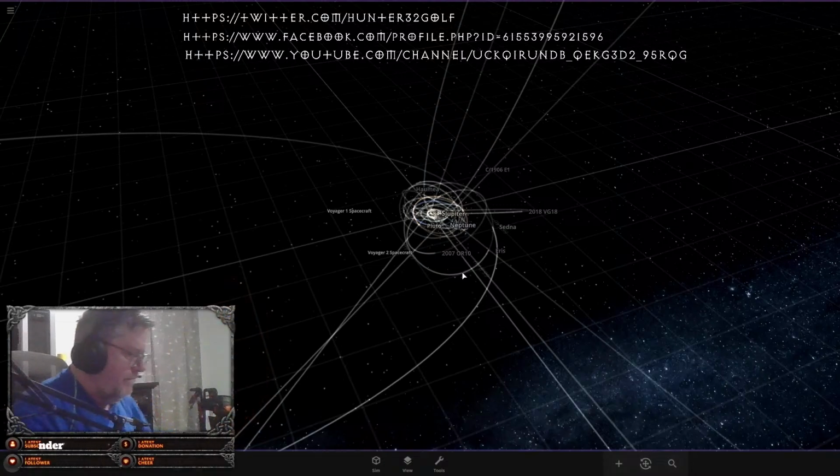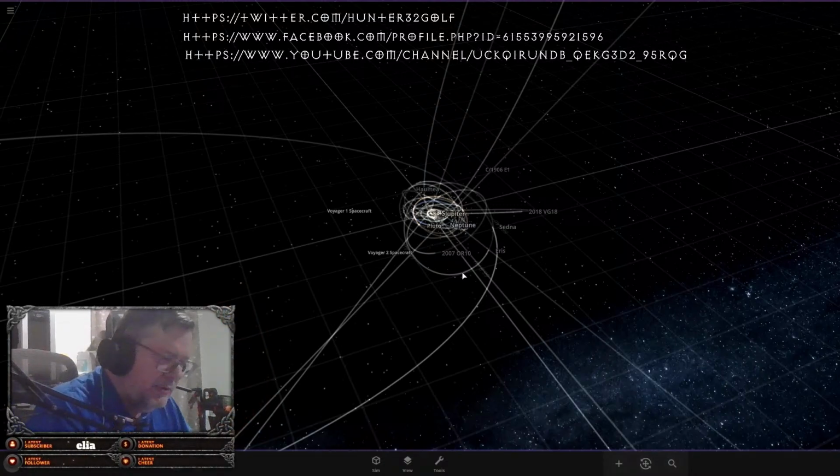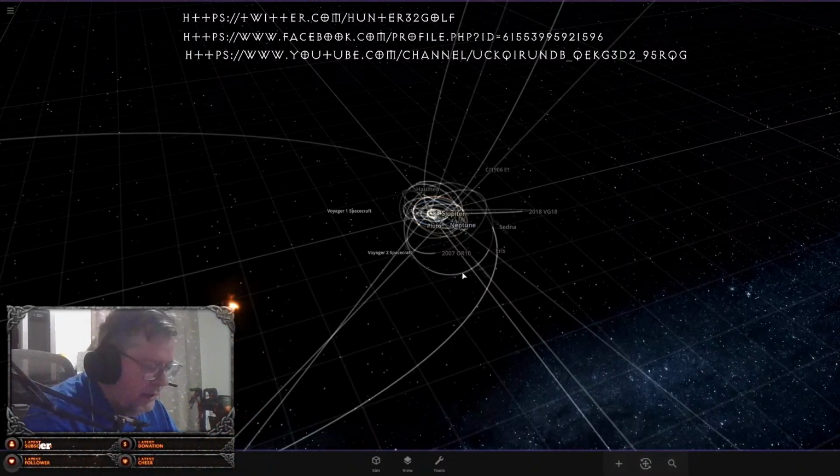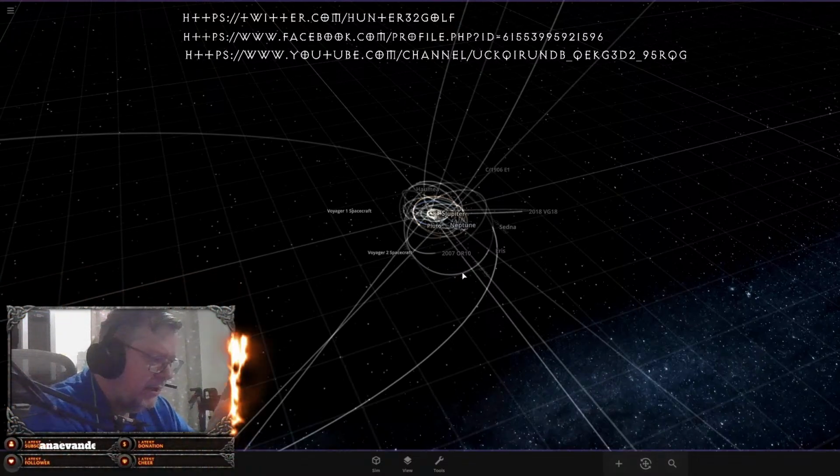All orbits appear spherical. However, they're actually an ellipsoid. An ellipsoid is like a flattened, like if you took a beach ball and you let a little bit of air out of it, it would kind of sag and be more of an oval.